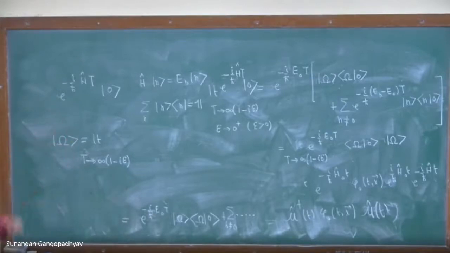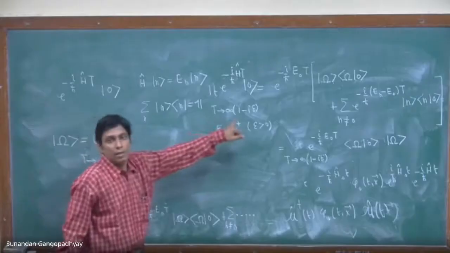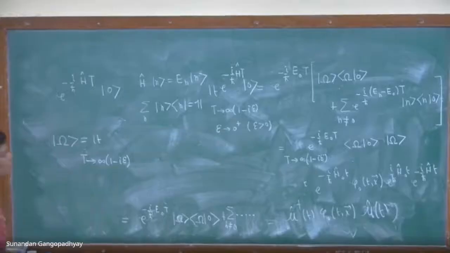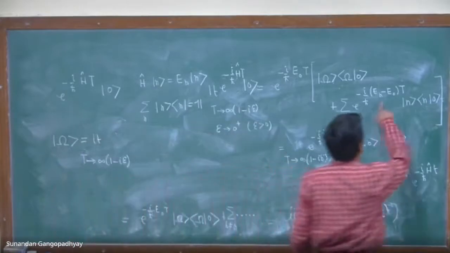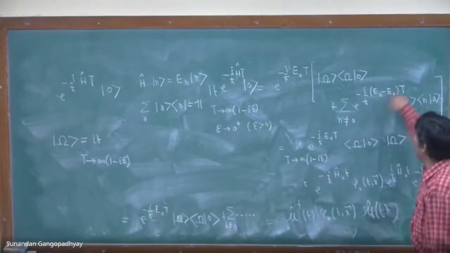Sir, I didn't understand the previous thing. Which one? The limit. How? I mentioned this thing, it is 1 minus i epsilon. Yes. So what will it do? If you take this in that limit, this term will go to 0.